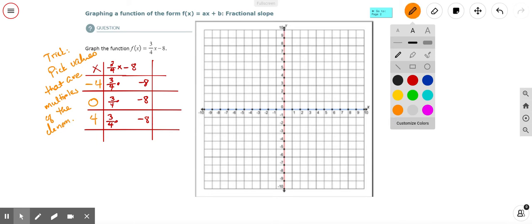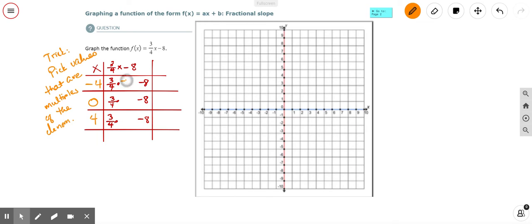Here we go. We're going to plug in -4 over 1, 0 over 1, if you will, and 4 over 1. We didn't need to put the over 1. I just wanted to show you. These cancel, and you get 3. Or you just multiply across, and you get 12 divided by 4, which is 3. 3 minus 8 is -5. 3/4 times 0 is 0, minus 8.